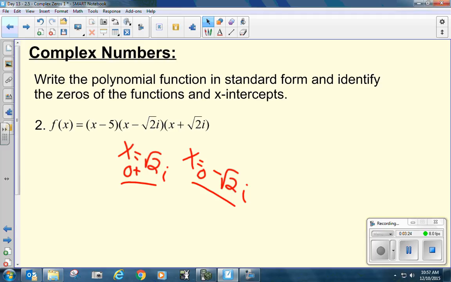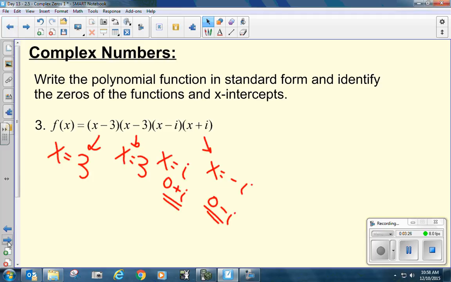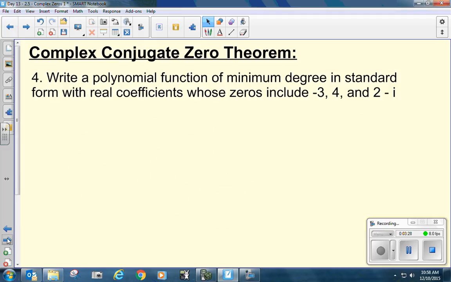So now we're going to take this information we know, and we're going to use it. Write a polynomial function of minimum degree in standard form with real coefficients whose zeros include -3, 4, and 2 minus i. So what they're telling us here is one of my zeros is going to be -3.